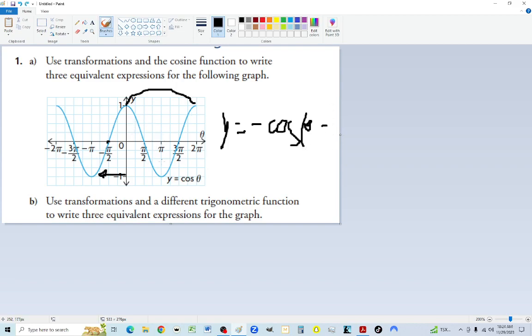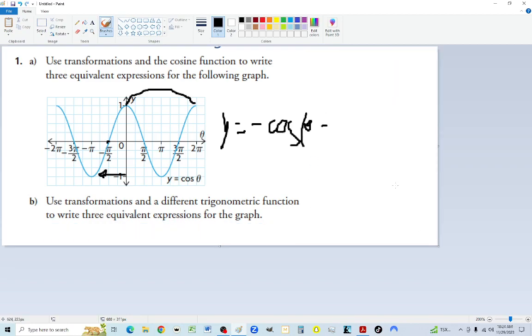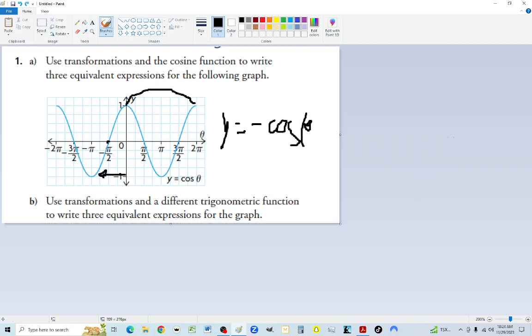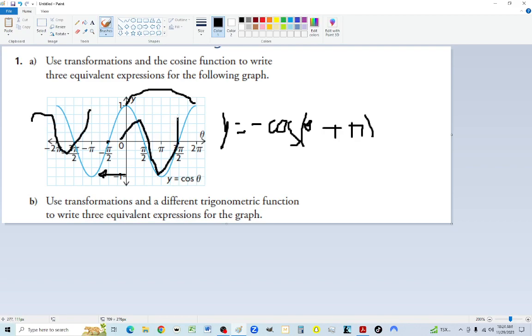I can also look at over here. Here's a cos curve upside down, and that's pi to the right. So instead of theta minus pi, I could do the same flip with the minus here and get theta plus pi. There's 3 equivalent graphs, and you can keep going. There's sine curves, cos curves all throughout this.